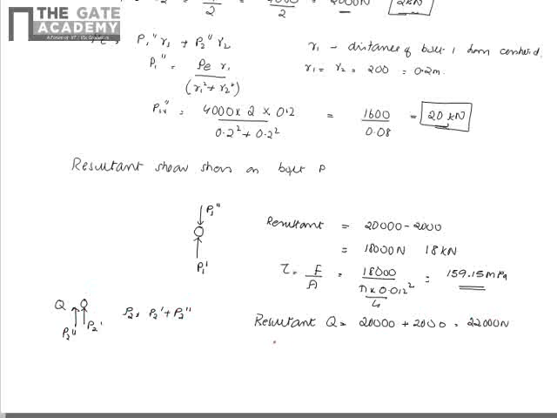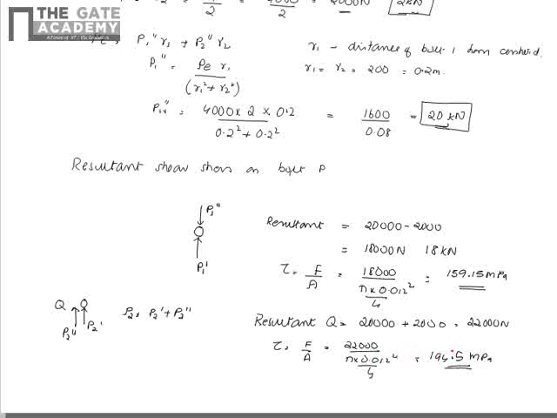Therefore, shear stress is equal to F by A is equal to 22,000 divided by pi into 0.012 square by 4. What is that equal to? 22,000 into 4 divided by pi into 0.012 square. That will come out to be 194.5 MPa.